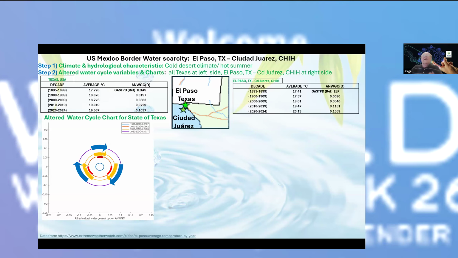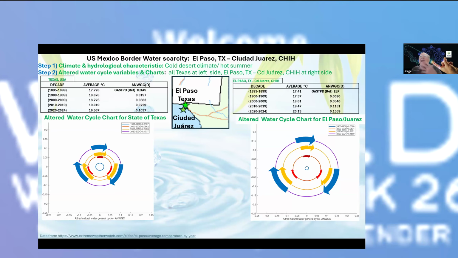And then I check it again, but just for El Paso, and we found something very amazing. At the beginning of the last century, the temperature in El Paso was cooler on average than the average of all Texas, but it's increasing a lot.